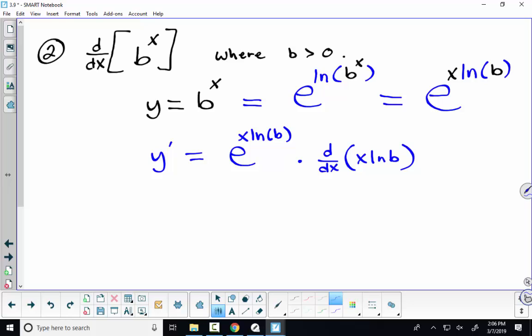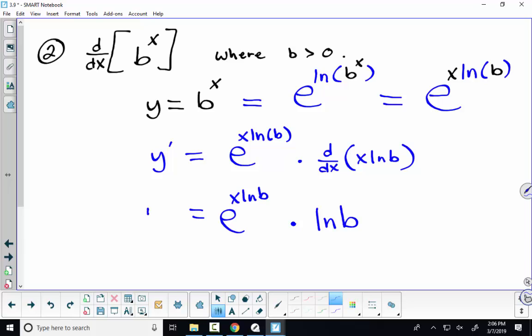What's the derivative of this constant times x? The constant. So this turns into e to the x ln b times that constant, ln of b. Because it's like x times 2, I see. Yes.